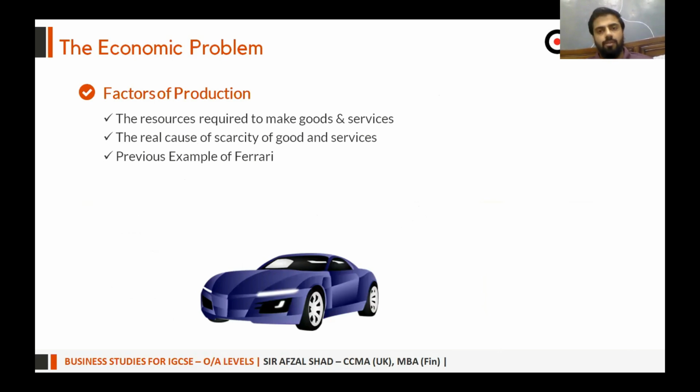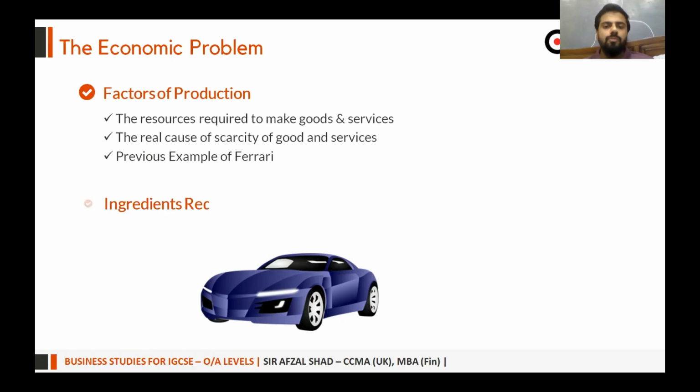Anything that is required to produce a Ferrari is a factor influencing the production of Ferrari. So factors of production are the resources required to make goods and services. Any resource required to make a Ferrari is called a factor of production.